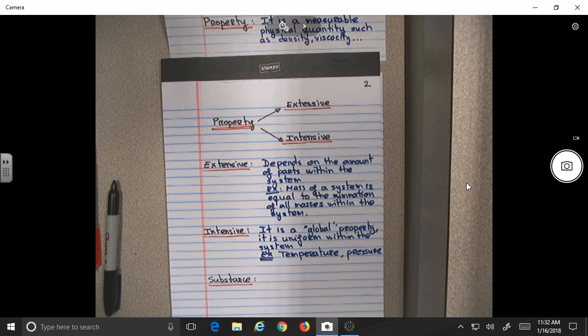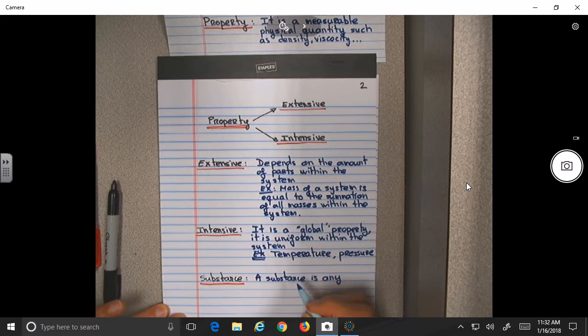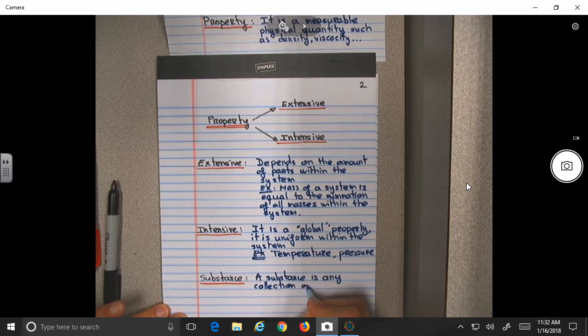Yes, any collection of matter. I like that definition. So a substance is any collection of matter.